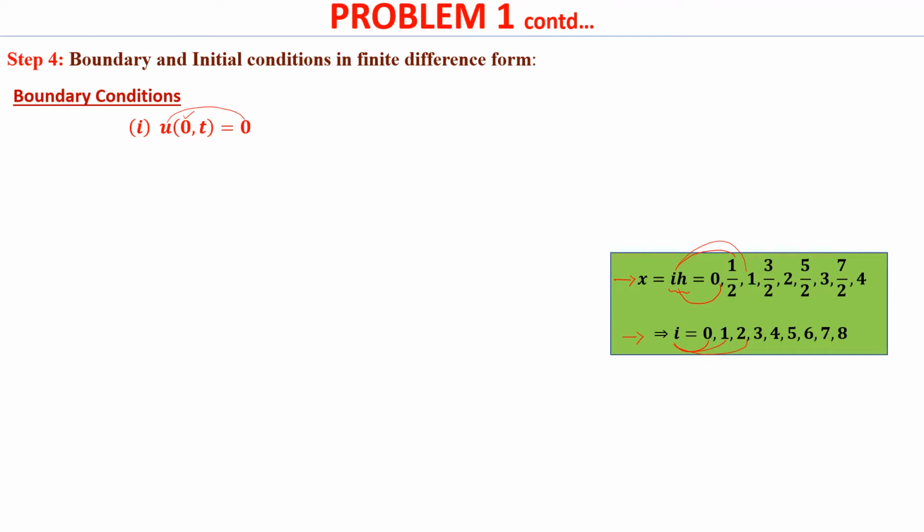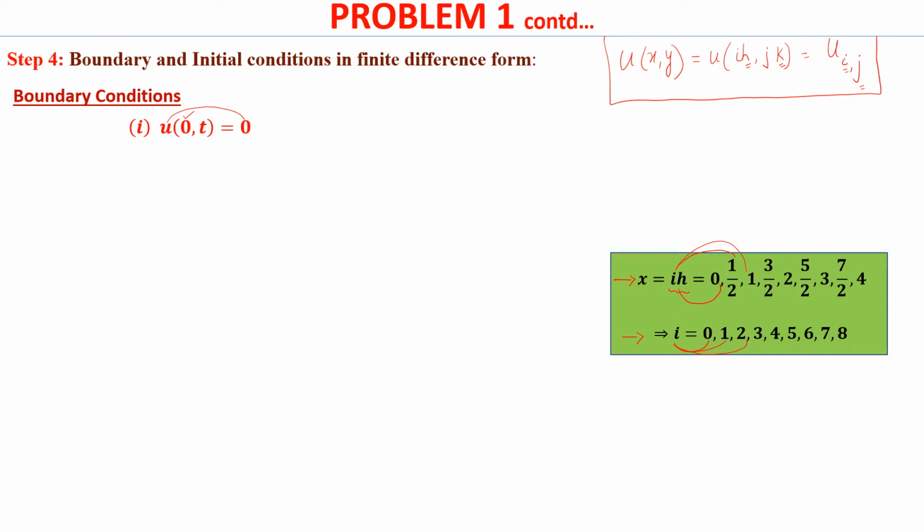If you recall, we had written earlier in my previous video, when you want to convert the argument into the finite difference form, you have to replace x by IH and t by jk, and thereby write it in the suffix form as u, I, comma, j. So the coefficient of h will be written as a suffix. The coefficient of k will be written as a suffix. This was our initial definition when we studied the last video. So we are going to apply this here.